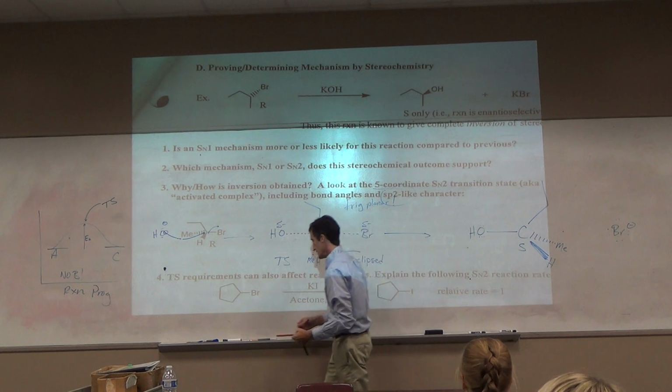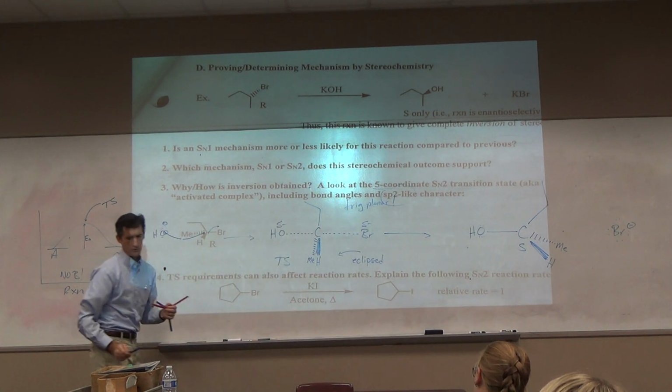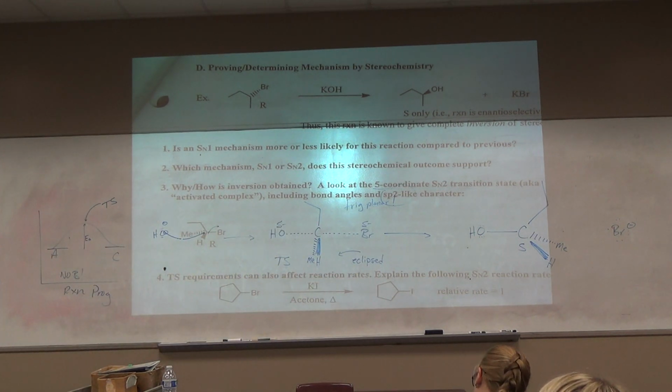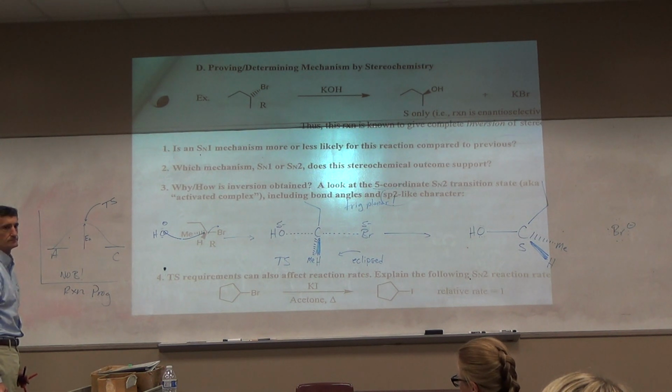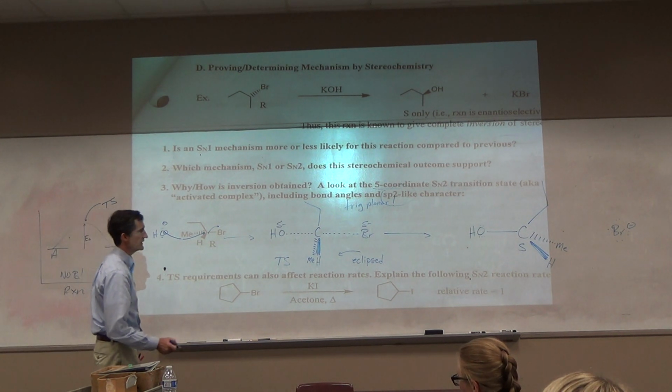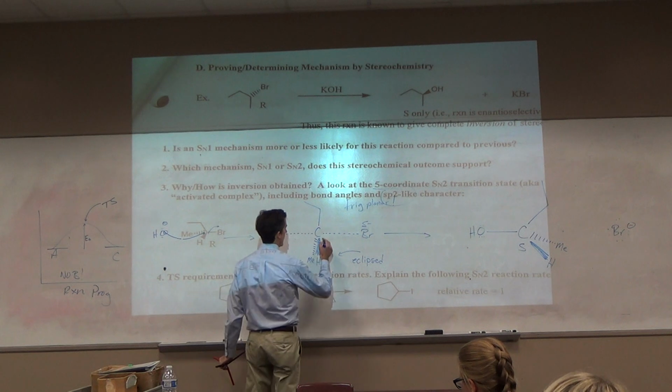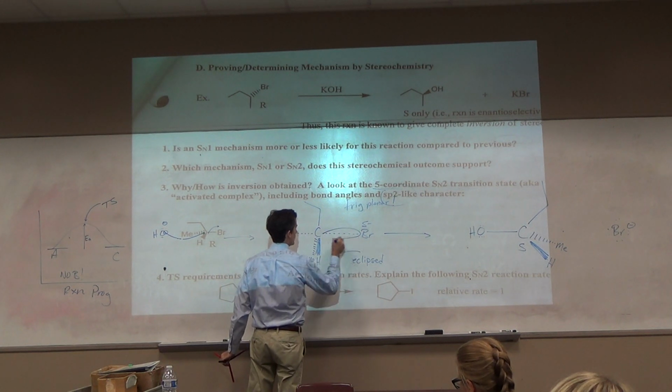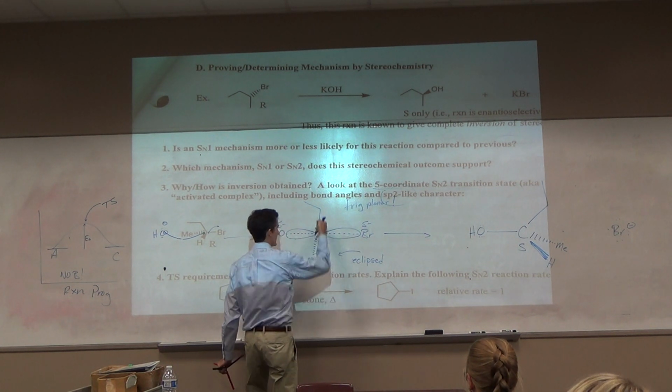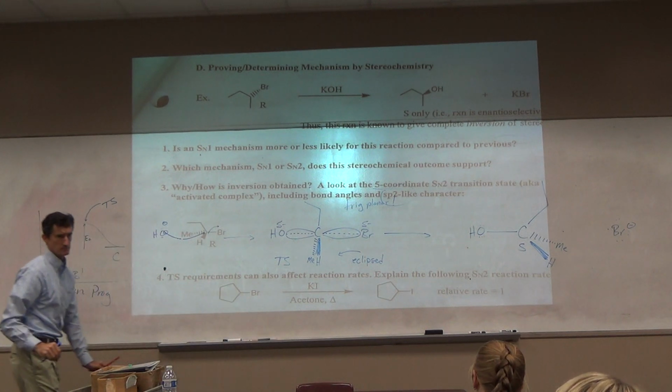Now, an sp2 carbon has what left over, other than the 3 hybrids? The 3 hybridized orbitals. sp2 has what left over? Yes, a p orbital. And the p orbital is perpendicular to that plane.